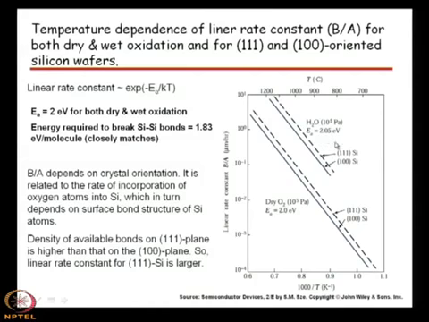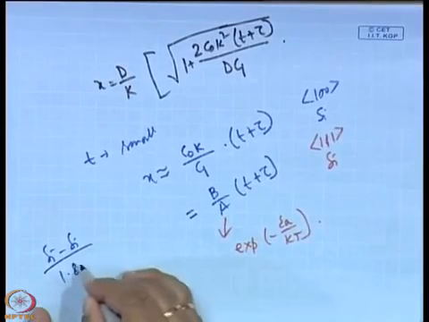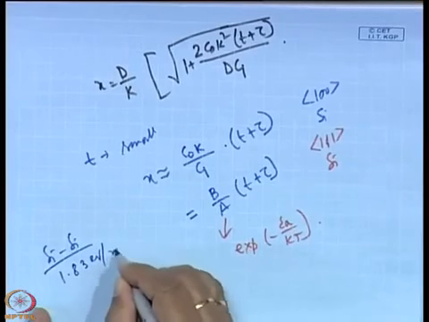Now, consider how much energy is required to break a silicon bond. The energy required to break a silicon bond is 1.83 electron volt per molecule.